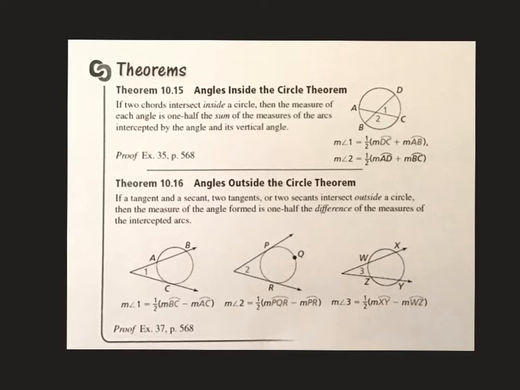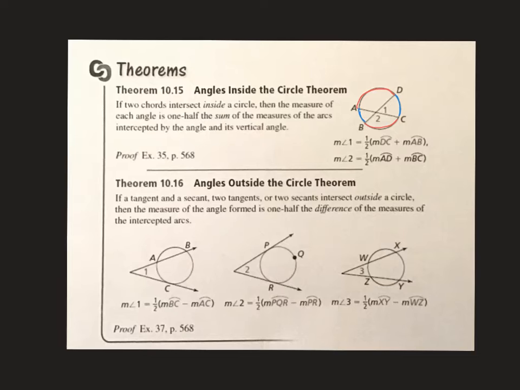So for angle 1, we're looking at arc DC and AB. So we would add those two together and divide by 2. If we wanted angle 2, we would take arc AD and BC and add those together and divide by 2.